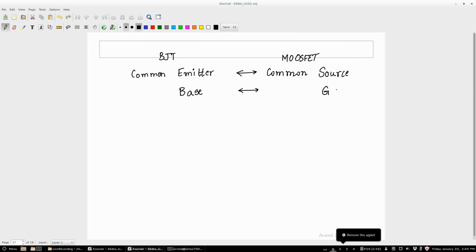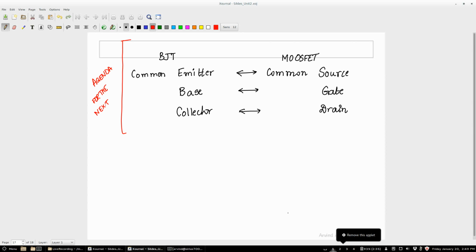So see how I have drawn it. Emitter is drawn down, source drawn down. So it will be a common source amplifier. Similarly, we have common base, and that would be a common gate.